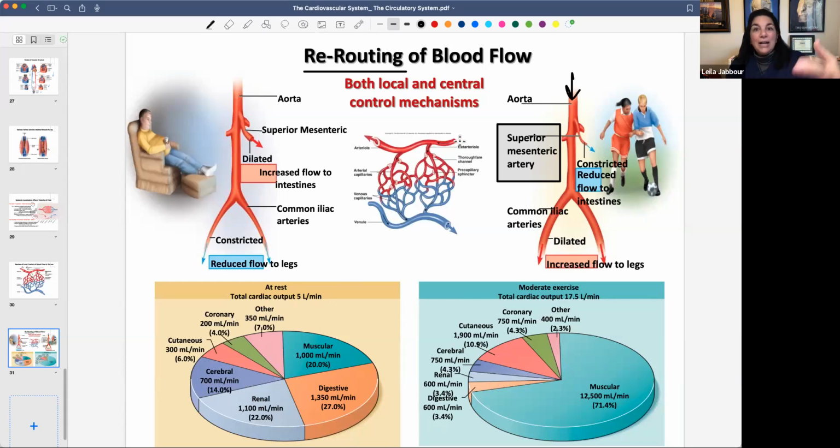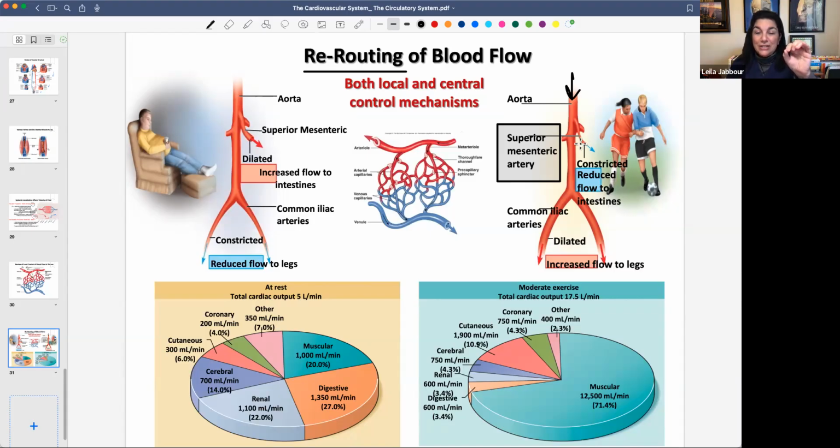The mesenteric arteries provide blood to the digestive system. We're not worried about digestion here. We need to make sure the blood goes to the muscles in your legs. So constricted, reduced flow to the intestines. That's what's going to happen.